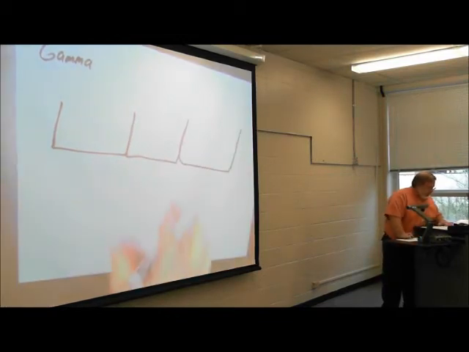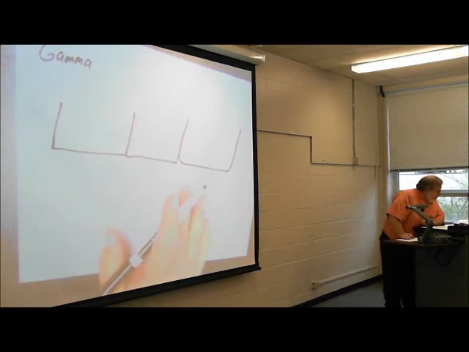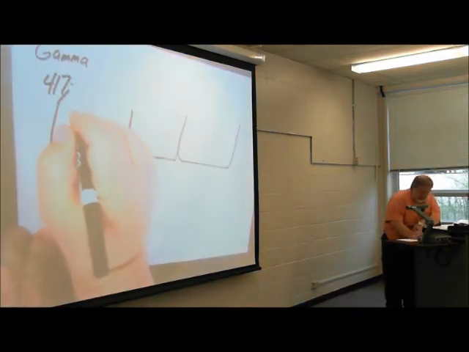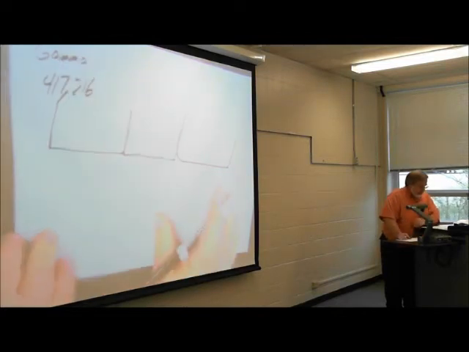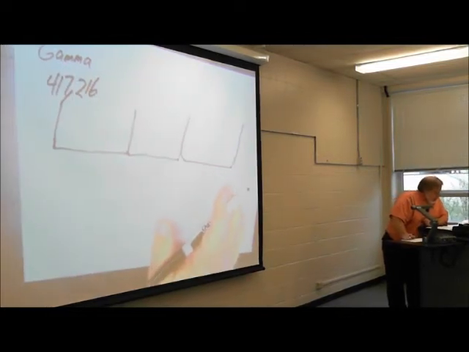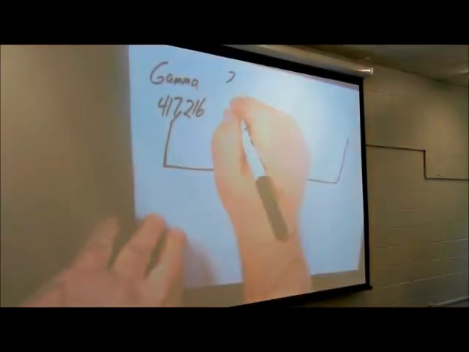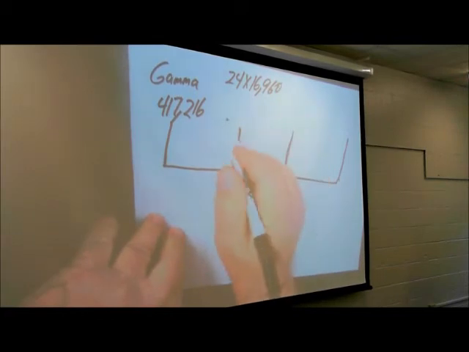And so actual times actual is given to us as what, 417,216. Okay. What standard price was $24? 24 times 16,960. 407,040.